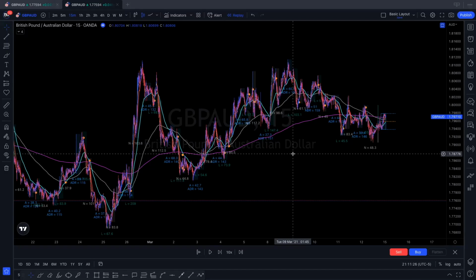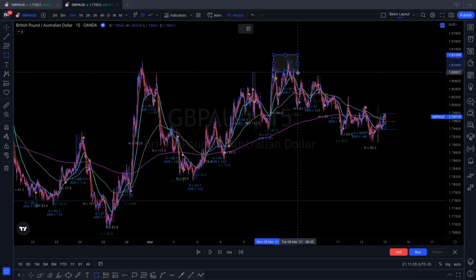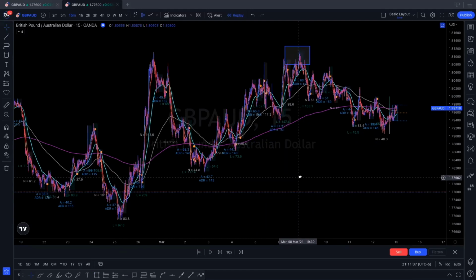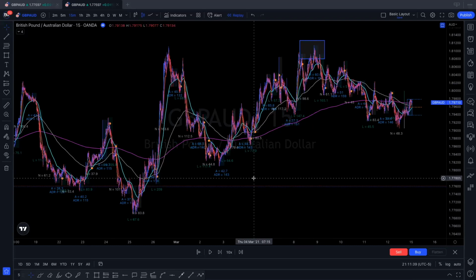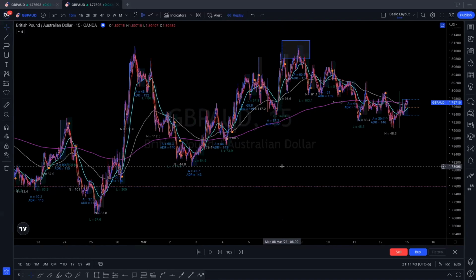It's going to be that previous high right here, right? Yep. Okay. So that's the closest peak that we have here. If we go back, this is averaging what, 150 pips.